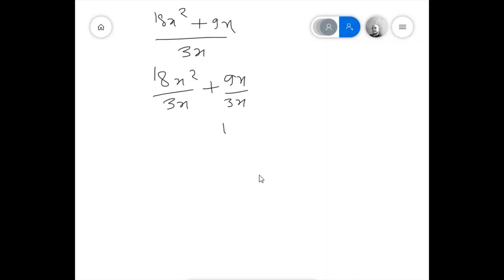When we divide 18x square by 3x, what will be the answer? You will get 6x. Similarly, when we divide 9x by 3x, what will be the answer? The answer will be 3. So the answer you got is 6x plus 3.